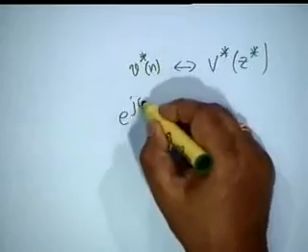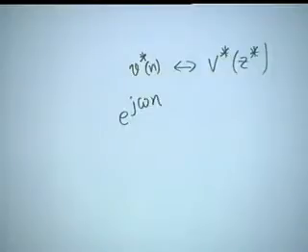We illustrated the importance of the signal e to the power j omega n, and we said that for an LTI system, e to the j omega n is an eigen function. An eigen function is any function such that when it is fed as the input to the system, the output is exactly the same function multiplied by a complex constant.